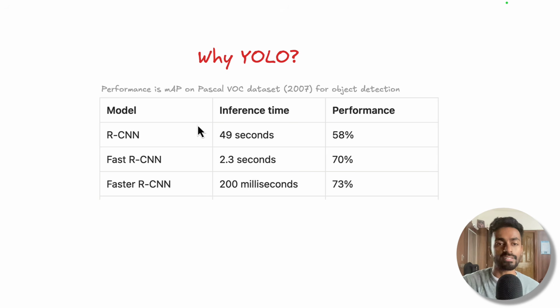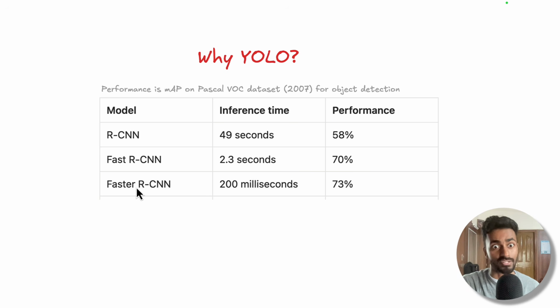Now, with Fast RCNN, essentially the last 2 stages of detecting features and the SVM classification were merged into this neural network approach using ROI pooling. And this brought the inference time down to just 2.3 seconds for a single image while increasing performance. We have a full video on this if you want to check it out.